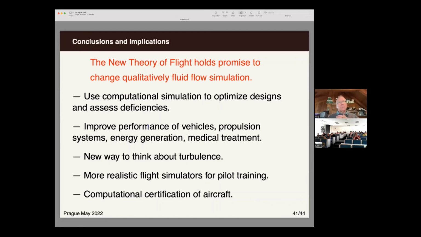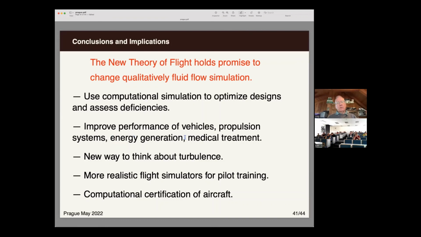Okay, so you can improve performance of all kinds of vehicles, including possibly ground effect vehicles. That could be very effective. I'd say propulsion systems here, by which I mean jet engines or electric turbines. They're a little bit more complex because the fluid flow is compressible, so we have to consider that situation.